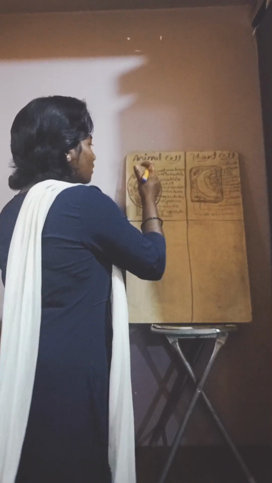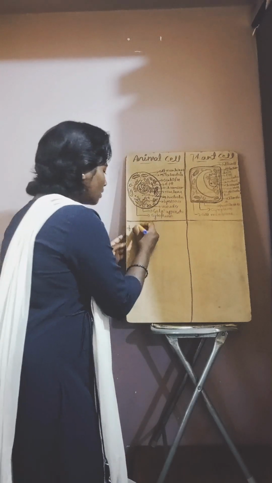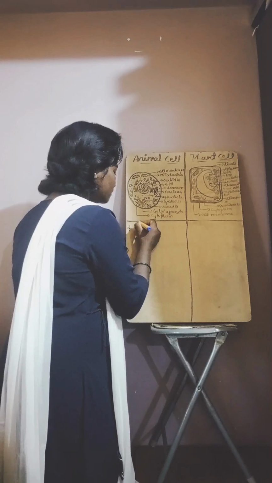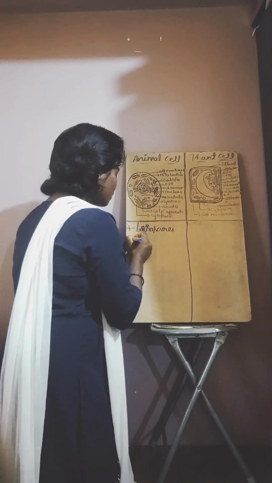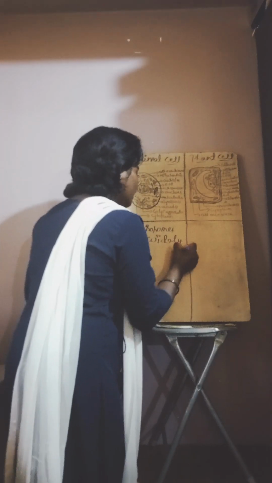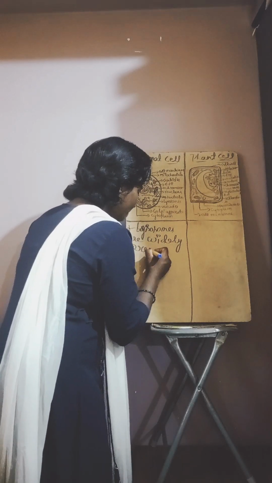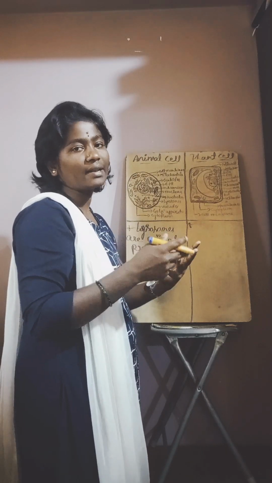So we will see which are not commonly present in both. If we consider the lysosomes, lysosomes are widely present in animal cells. In plant cells also the lysosomes are present, but in rare cases.